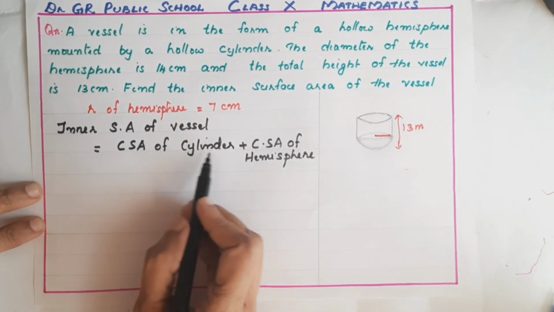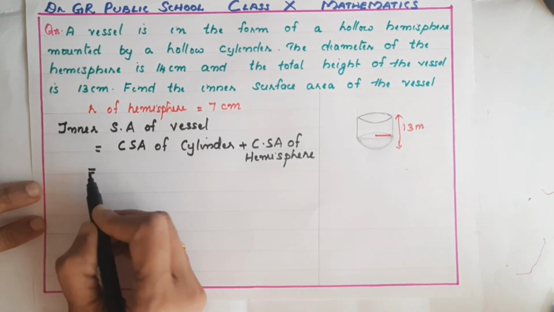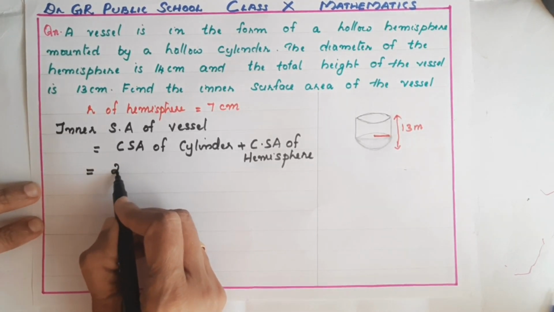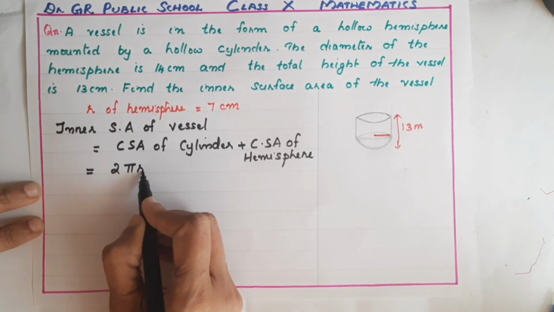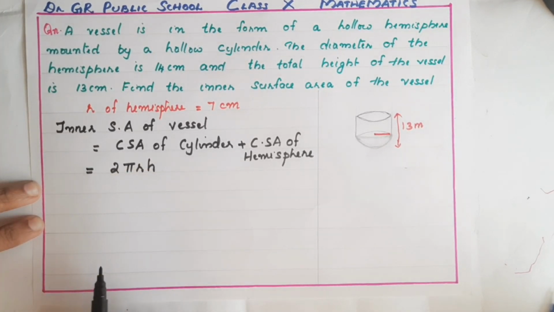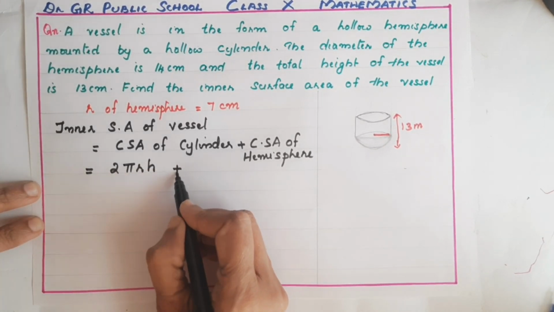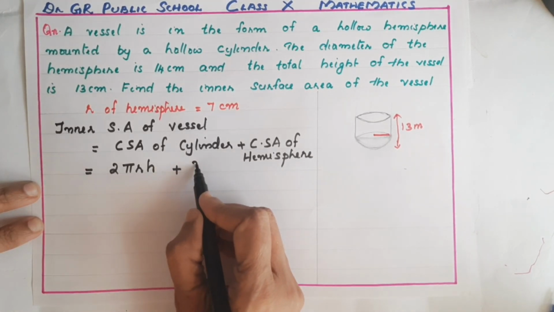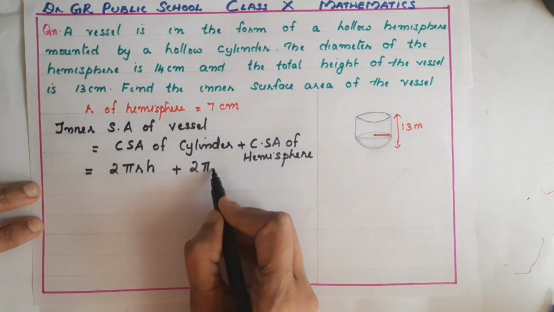So what is the CSA of a cylinder? What is the formula? It is 2 pi r h. Plus the CSA of the hemisphere. What is it? 2 pi r square.